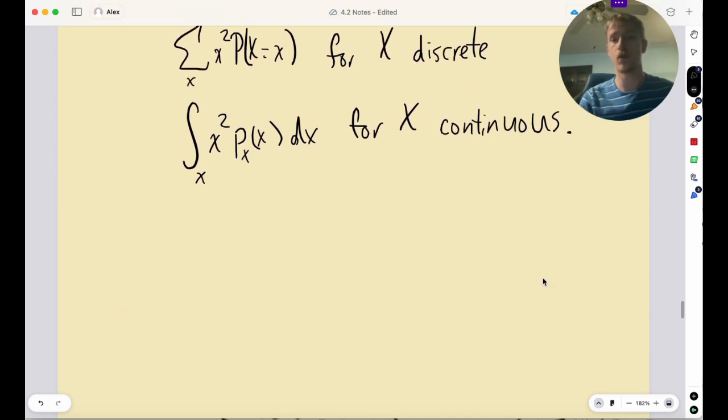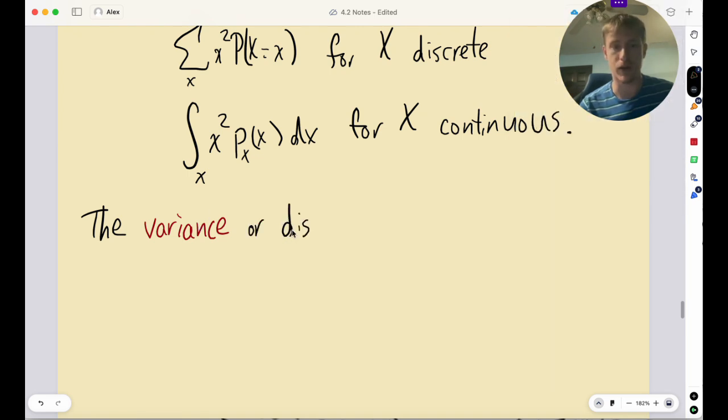Now, probably one of the more important definitions. We're going to define something called the variance. The variance, sometimes called the dispersion of a random variable x, which is going to be symbolized differently by different people.